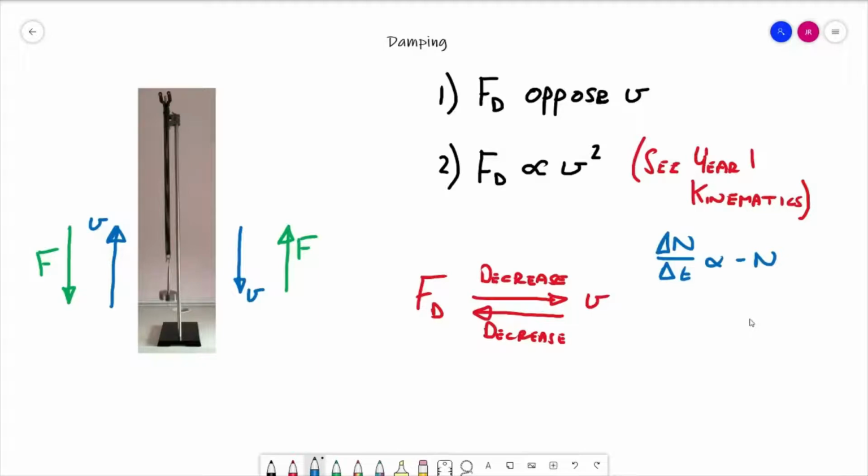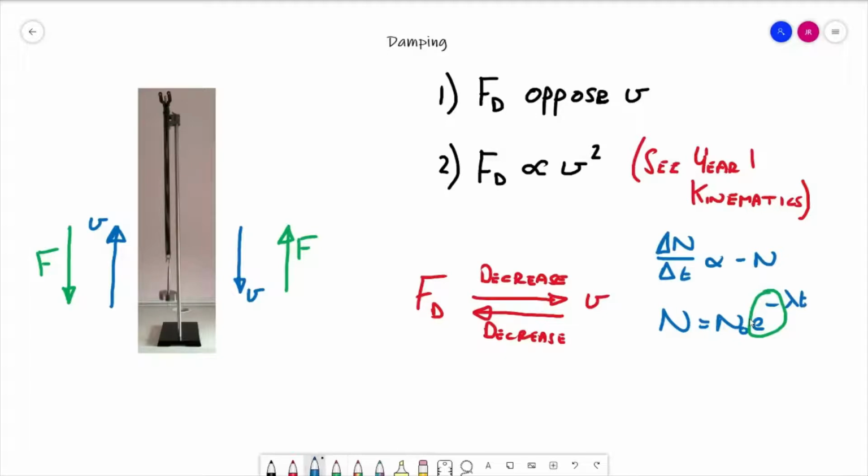If you go back to the nuclear physics topic and have a look at that, we end up with the equation N is equal to N naught e to the minus lambda t. In other words, we end up with an exponential decrease in the number of nuclei that we've got.